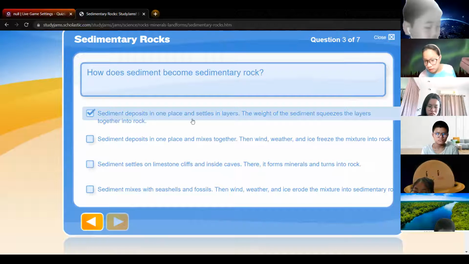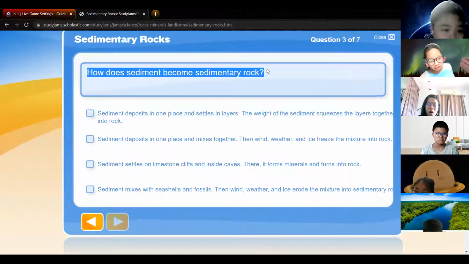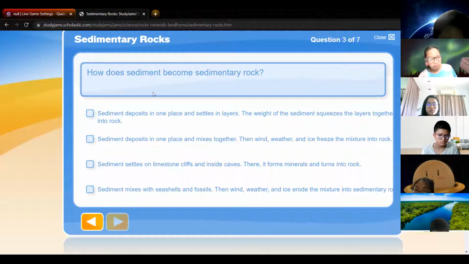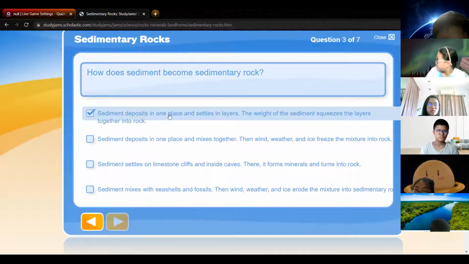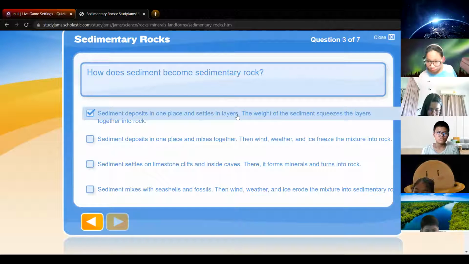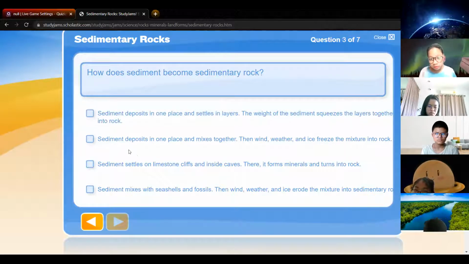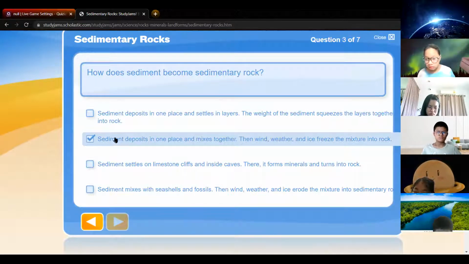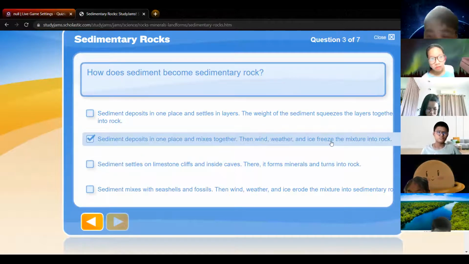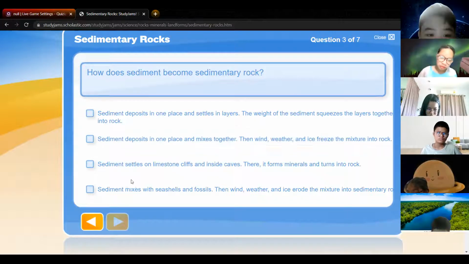I will ask Apiwit. What is your answer here, Apiwit? How does sediment become a sedimentary rock? Letter A, sediment deposits in one place and settles in layers. The weight of the sediment squeezes the layers together into a rock. Or letter B, sediment deposits in one place and mixes together. The wind, weather, and ice freeze the mixture into a rock.